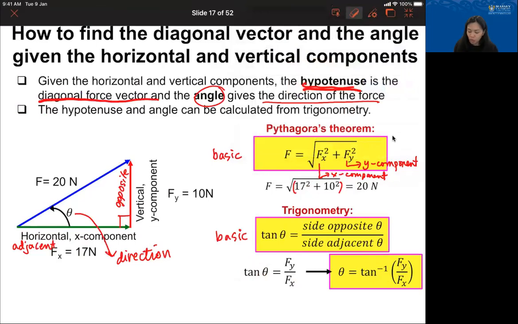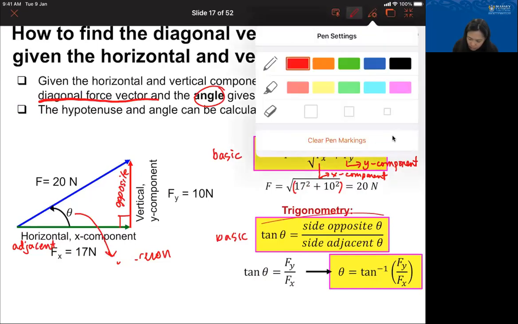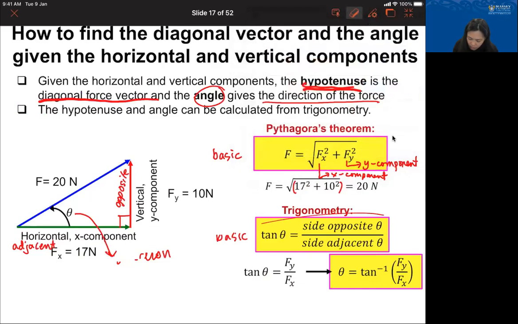Let's put in the numbers. Theta is the inverse tangent of the y component, which is 10 newtons, divided by the x component, which is 17 newtons.